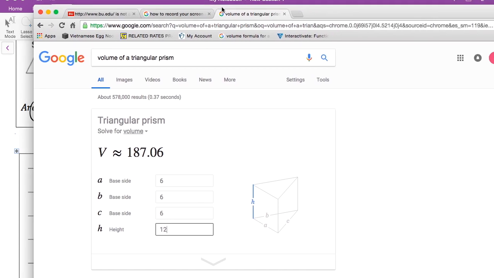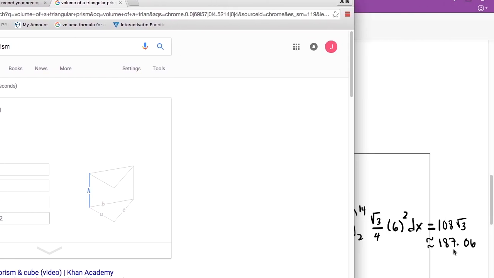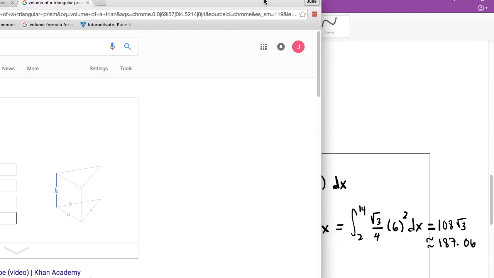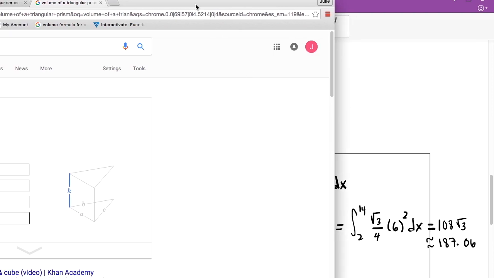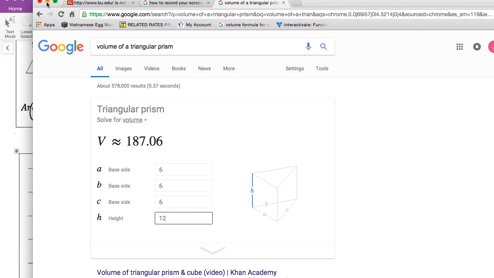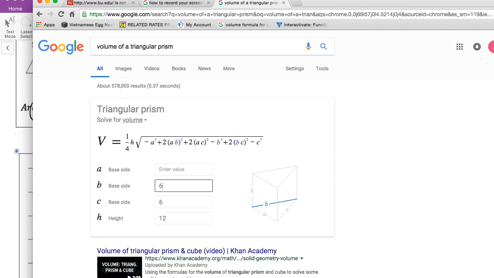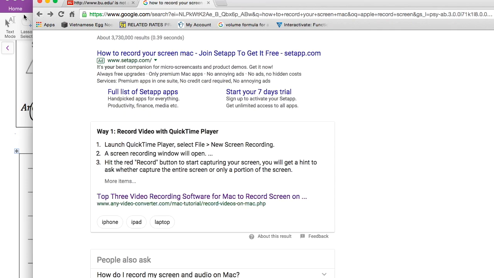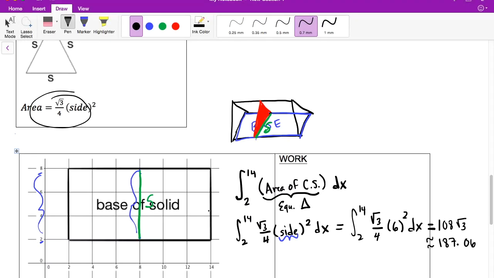And Google tells us that the volume of this triangular prism should be 187.06, which matches the result if we use integration. So integration does work to help us find the volume, and it gives the same result as the formula for the volume of a triangular prism. So it works.